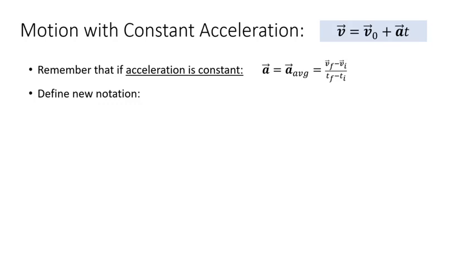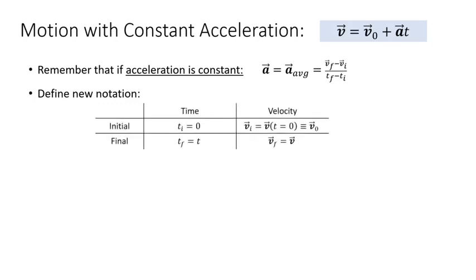Okay, and so now we're going to adopt this new notation that helps us simplify things by getting rid of those final and initial subscripts. The first thing I want to do is define my initial time for any problem as time 0. And then some later time, t final, we're just going to call t.